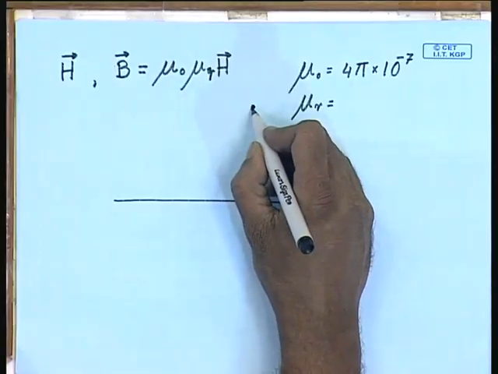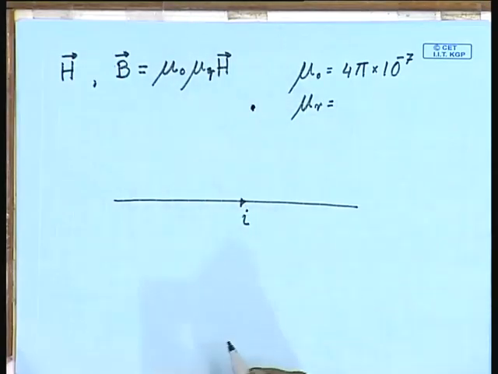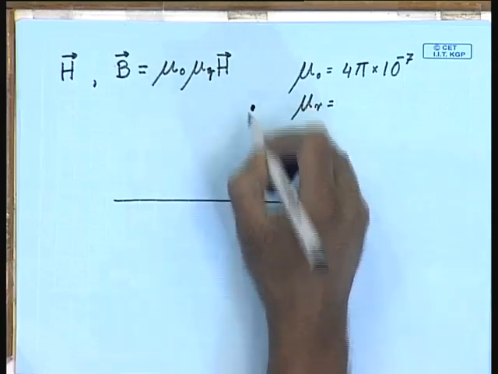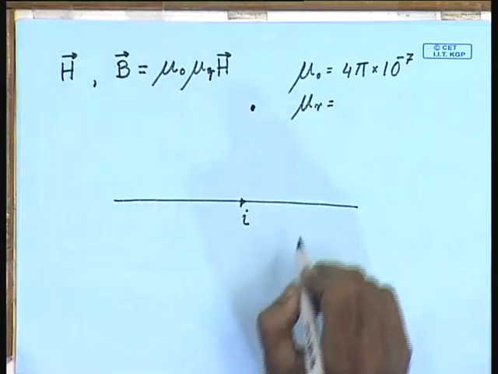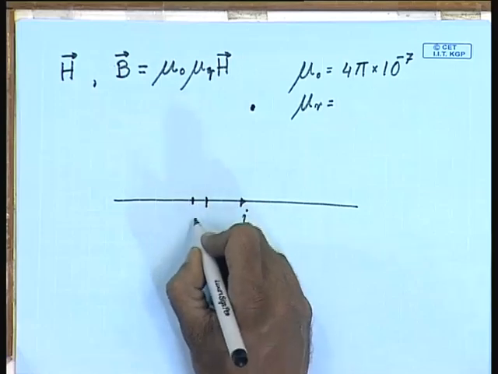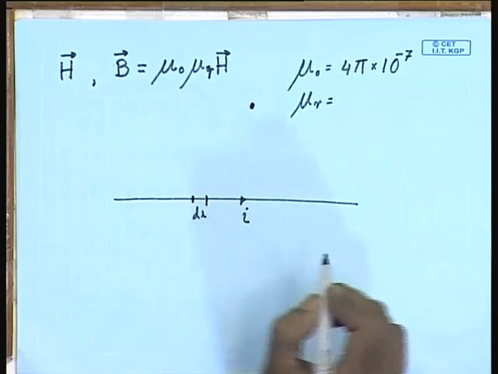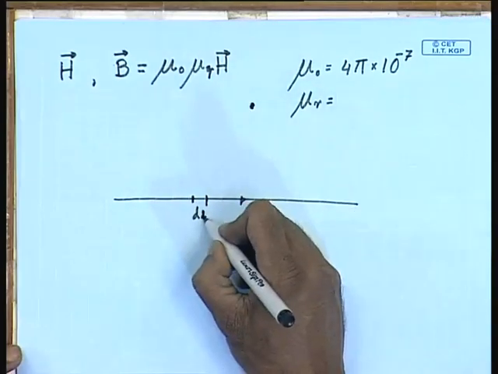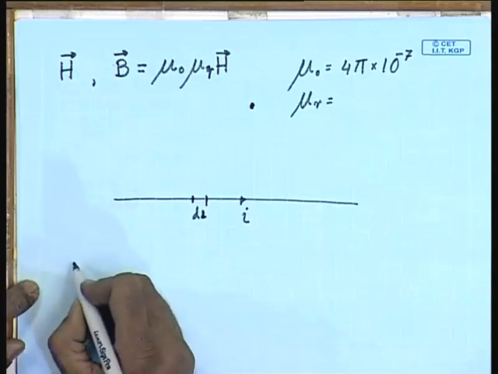Now, the incremental magnetic flux density at any point near a conducting wire due to a small length of the wire dl is given by the Biot-Savart's law.